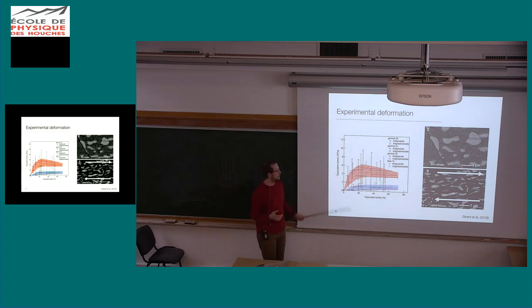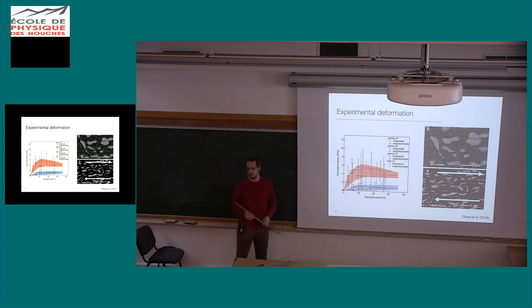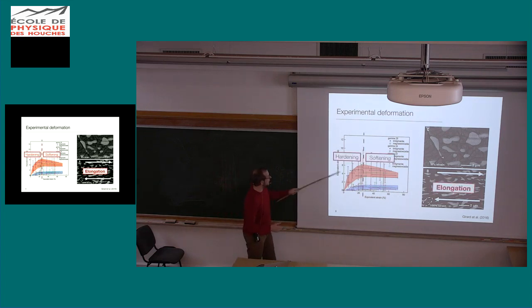Overall, when you shear the whole thing in simple shear, those weak phases become elongated, and the whole rock also weakens. So in the end you see a hardening phase and then a softening phase with ongoing elongation. So the question to ask is, how does this elongation then affect our effective rheology?